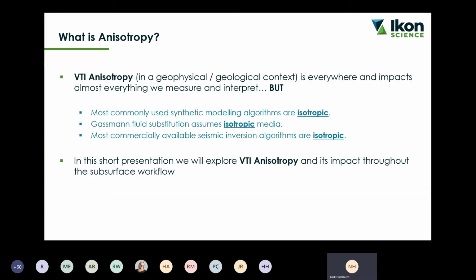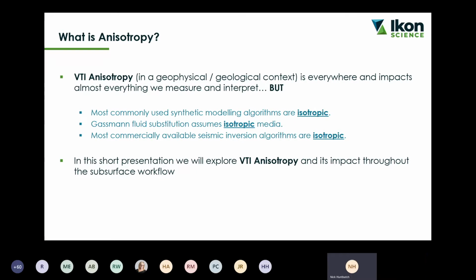It's safe to say that most commonly used modeling algorithms assume isotropy. For example, gas and fluid substitution assumes isotropic media. And indeed, when you get to seismic inversion, for various reasons, most conventional approaches assume an isotropic forward model.